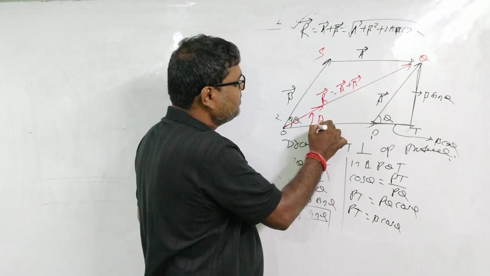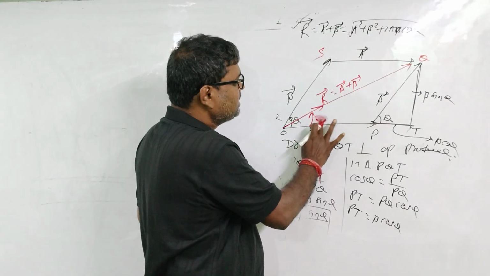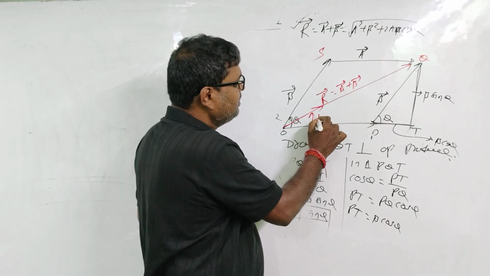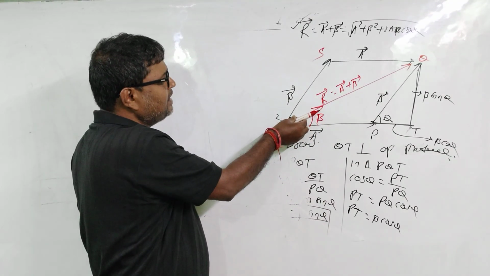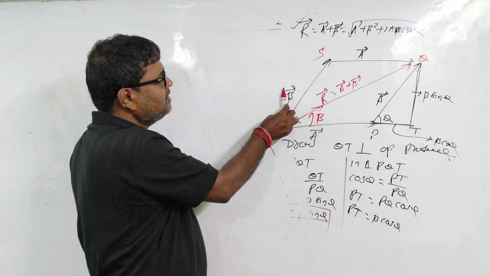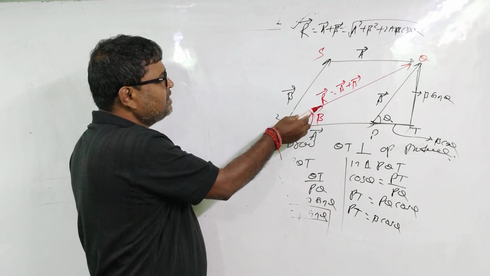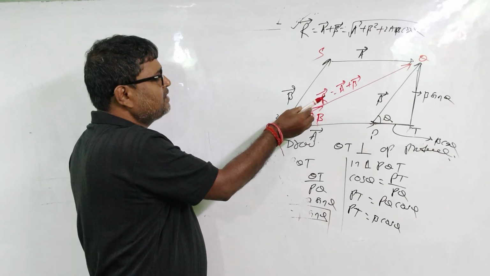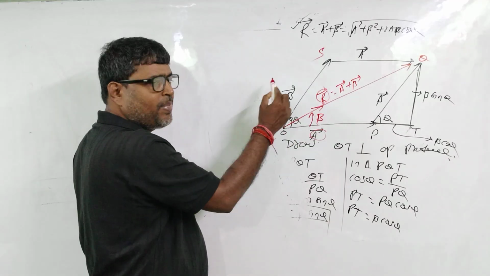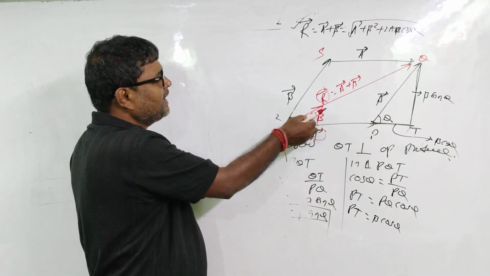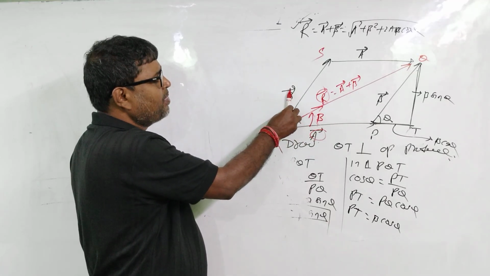This angle is beta. The direction of resultant depends on the angle which R makes with A. If the angle changes, the angle increases.